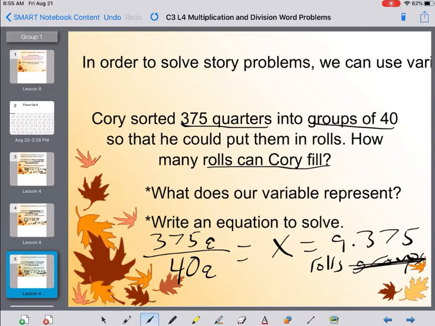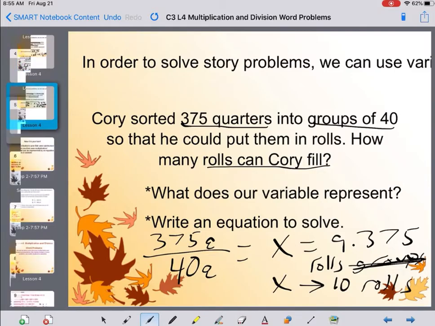So it rounds up to 10 rolls. So x is equal to 10 rolls. Let me rewrite that so it looks a little nicer. Yep, x will round up to 10 rolls. All right, moving on to our next slide.